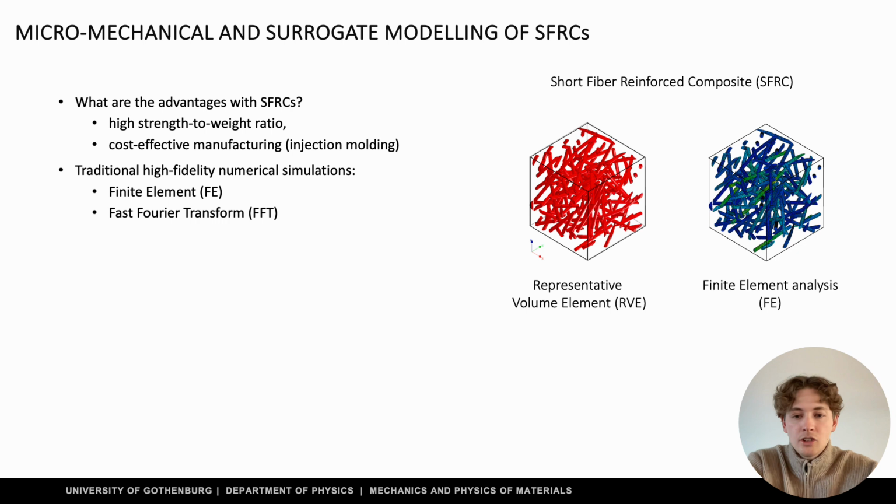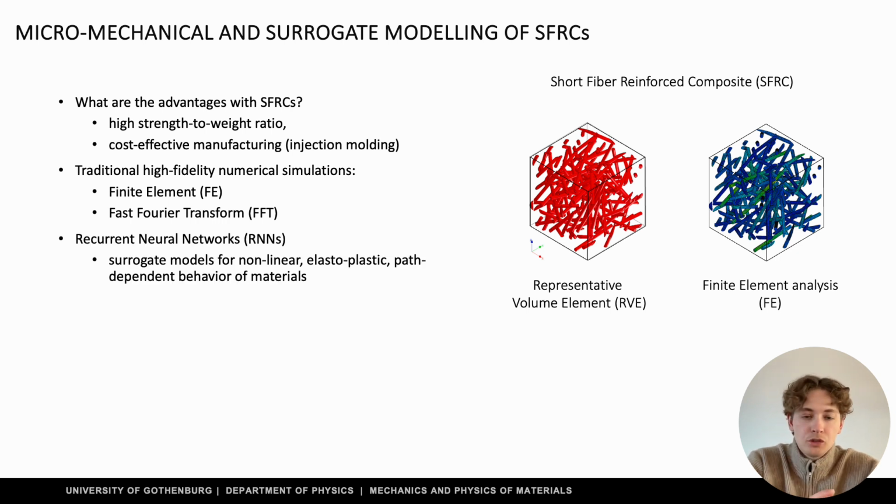Traditionally, the modeling of short fiber composites uses high-fidelity numerical simulations like finite element analysis or fast Fourier transform to simulate the response of an RVE under different loading conditions. However, these simulations are computationally expensive and time-consuming. An alternative approach is to use recurrent neural networks to approximate the function of material response under these loading conditions.